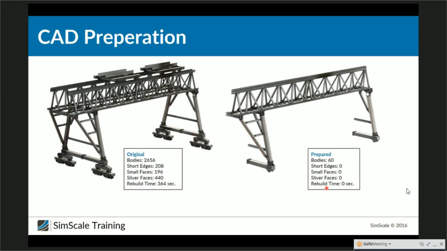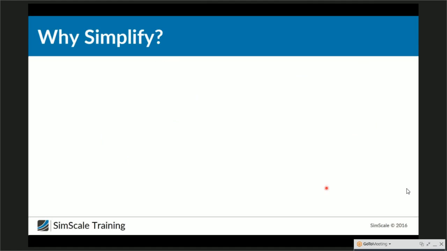Most of the time, these short edges are not designed on purpose, but come from bad surface quality or some problems with the CAD model. Or let's say, if you don't have a clean model, the same problem can result in small faces or sliver faces. Just to load this model, our CAD system takes about 360 seconds, so about 6 minutes.